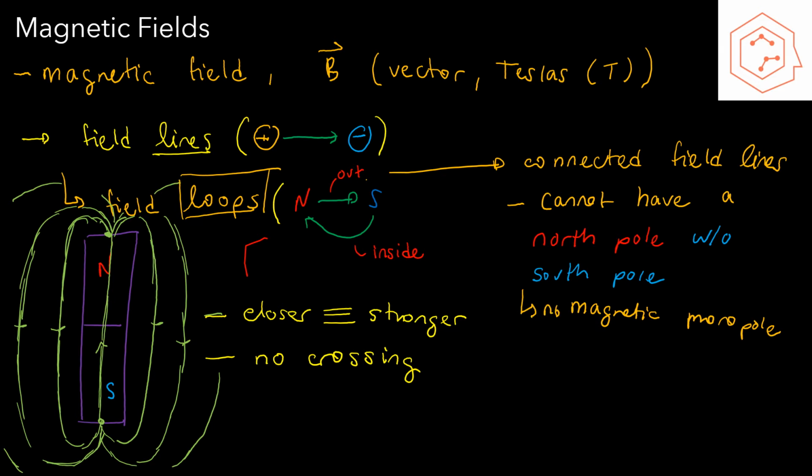So whereas in electrical fields we had a singular positive charge and we had a singular negative charge, in magnetic fields, if you imagine that we have a bar magnet with a north and south pole, and it has, let's just draw one field line for now.